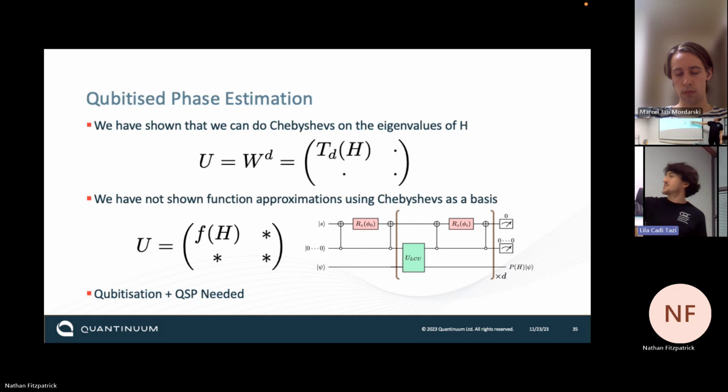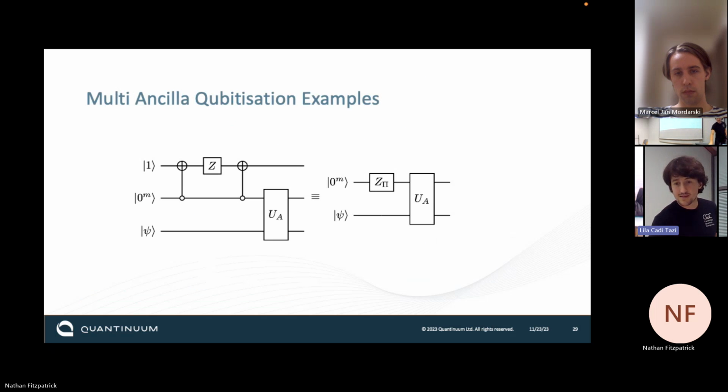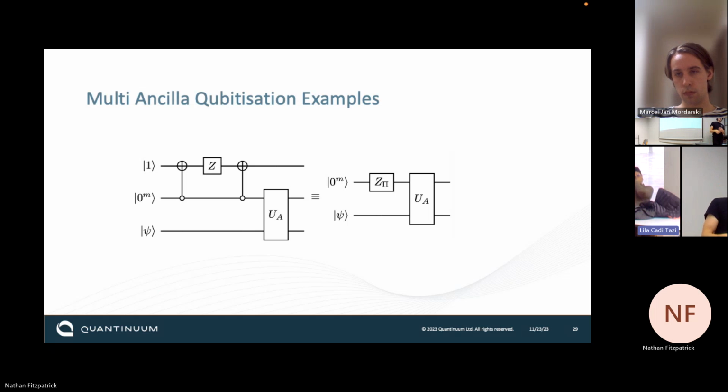You could do it on this register if you wanted to as well, where then you have to be a bit more careful about how you define the Z rotations. I think the diagonal Z would still be fine in this case. But this is why it's easier to think about it like this, because the Qubitisation qubit is quite explicit rather than it being an internal Qubitisation space, which is quite confusing.